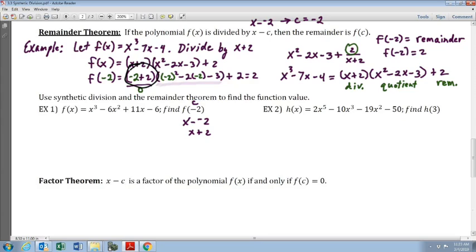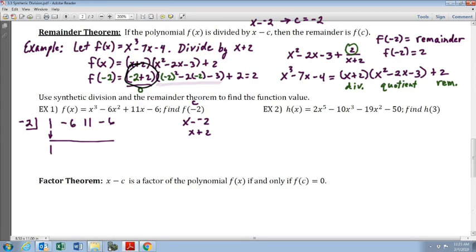Well, let's write this as x plus 2. So when we divide this polynomial by x plus 2 using synthetic division, we'll put the negative 2 in the box. Now notice, you could either think of that number as our c value, or we know if we're dividing by x plus 2, we use a negative 2.